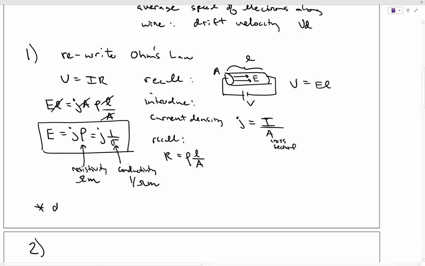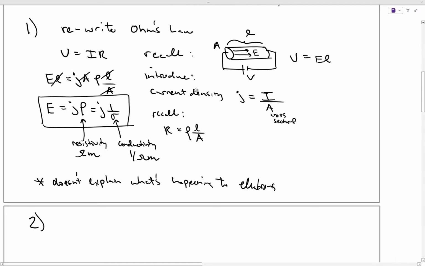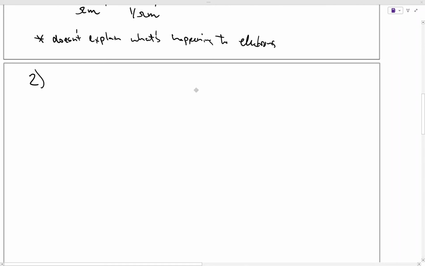It doesn't explain what's happening to, say, an electron. So let's go into a little bit more detail and derive an expression for the drift velocity.